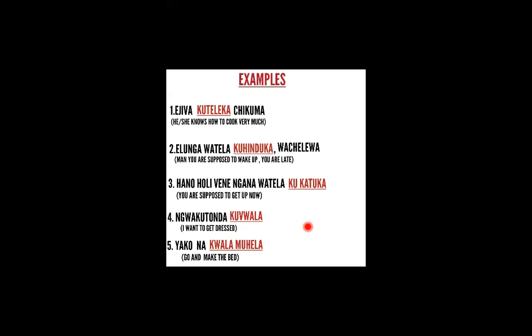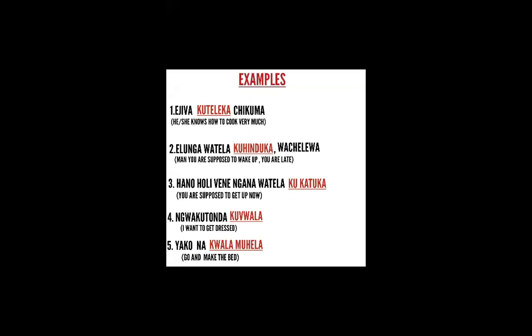Yes, just a question. Chingolosho Mwani. Just to ask something again here: you want to say Asia kuteleka chikuma. Of course, you mean that this person knows how to cook well.